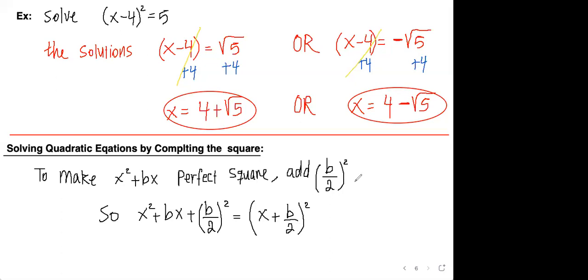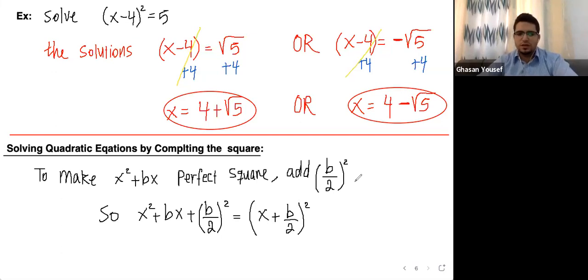I'm going to give an example of how we can solve a quadratic equation by completing the square, adding (b over 2) squared to both sides, and getting a perfect square like this.